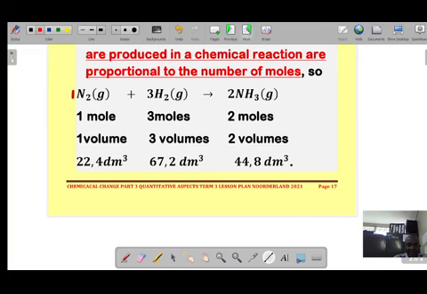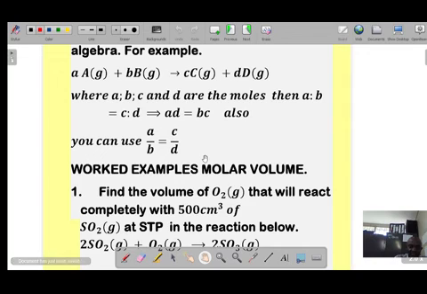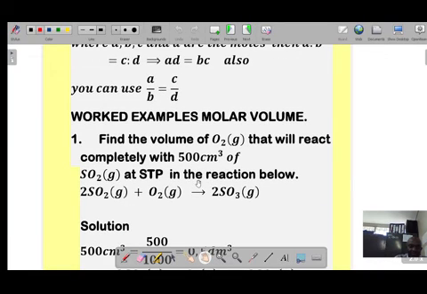Now we can find the proportions using algebra. Okay, now I don't want to waste your time here. Let me go to examples straight direct to see how it works. The question says find the volume of oxygen that will react completely with 500 cubic centimeters of sulfur dioxide gas at STP in the reaction below. What do I have?